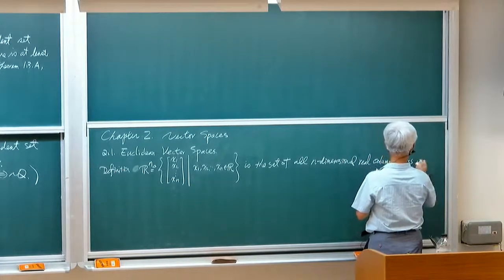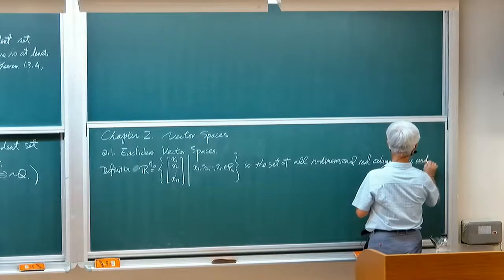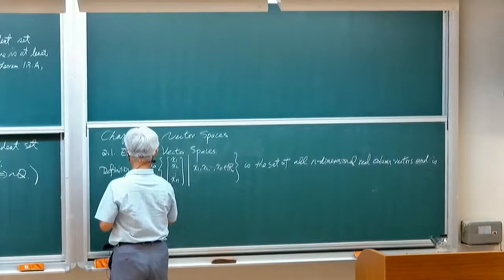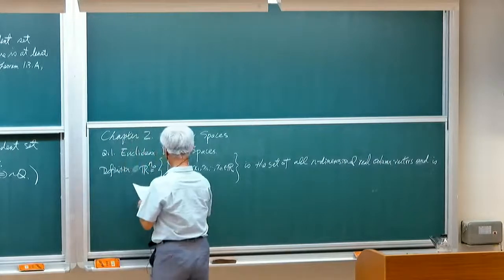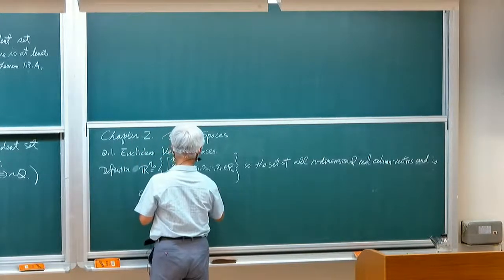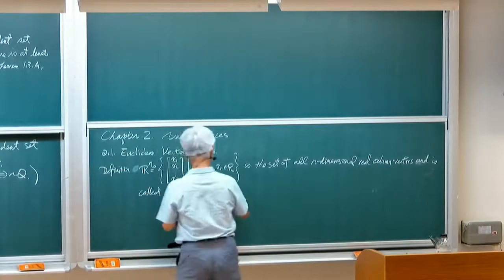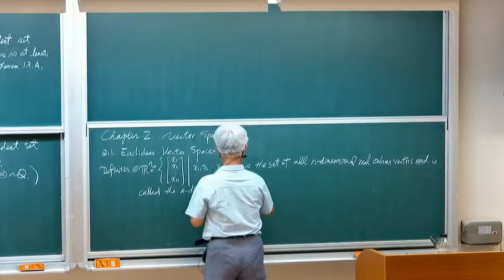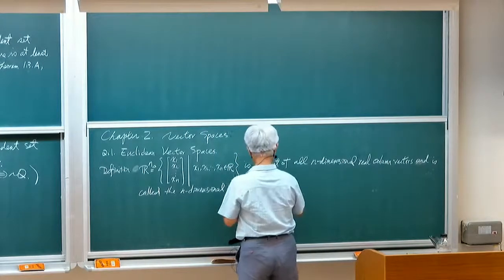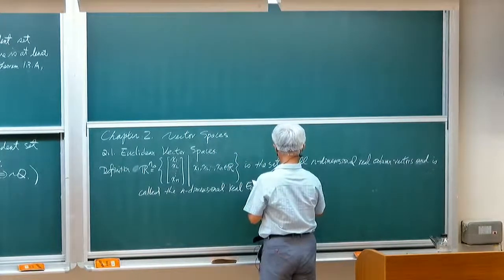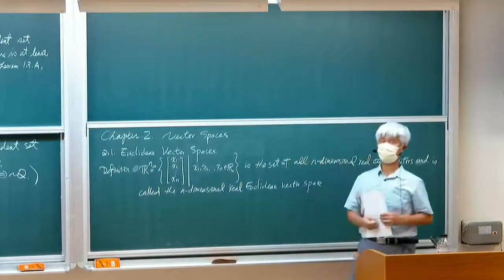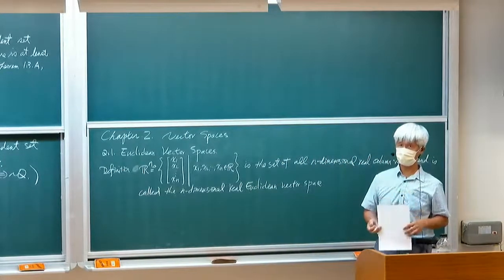All right, and it's called the n-dimensional real Euclidean vector space. So it's a concrete vector space we are all familiar with.